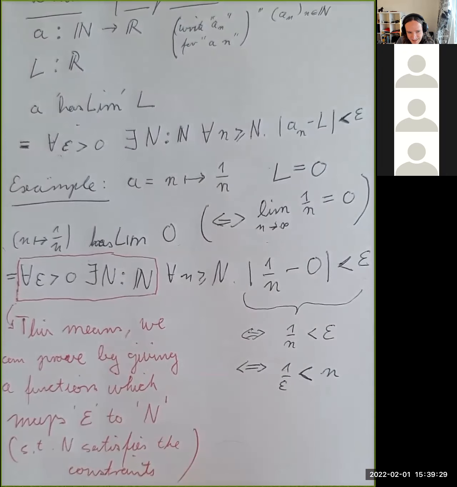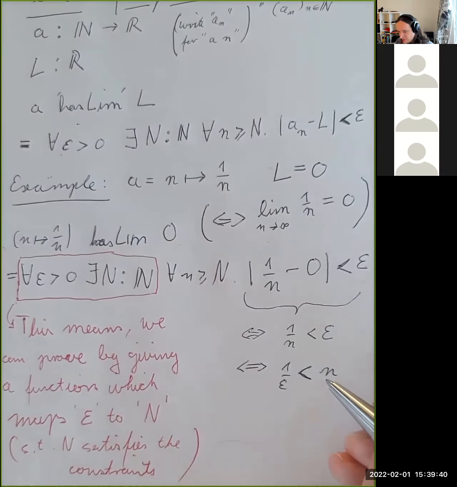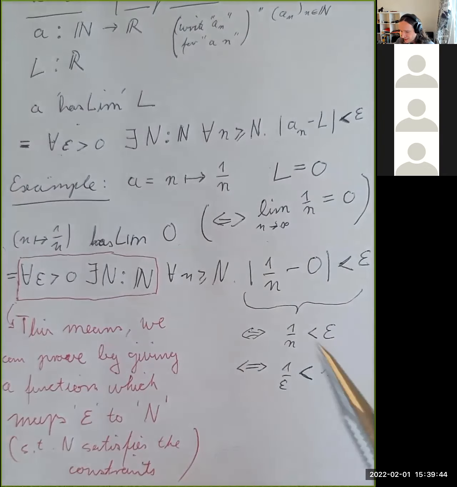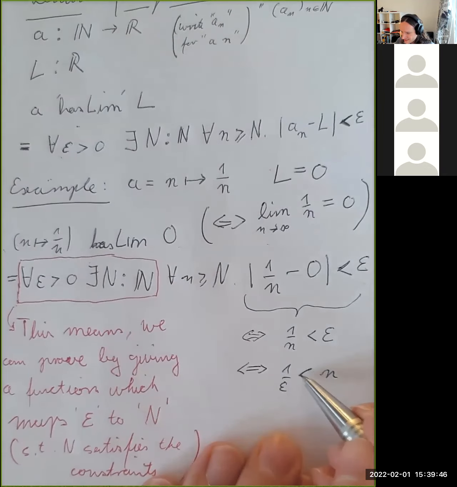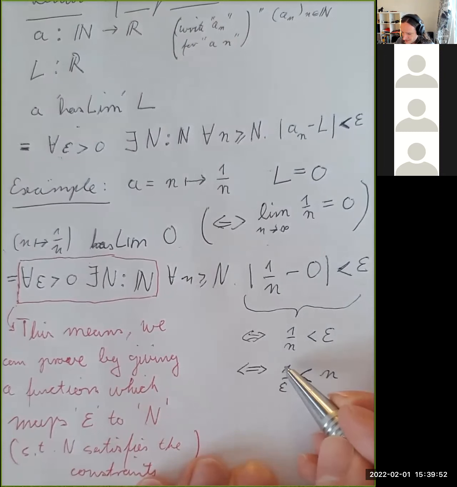Yeah, nice. Yeah, exactly. Good ideas. So we have to come up with an N such that, first of all, this capital N, which we come up with, satisfies this thing. So it should be greater than 1 over epsilon.